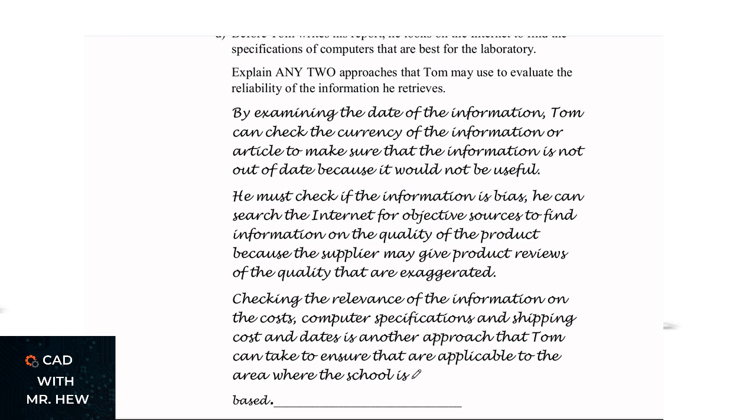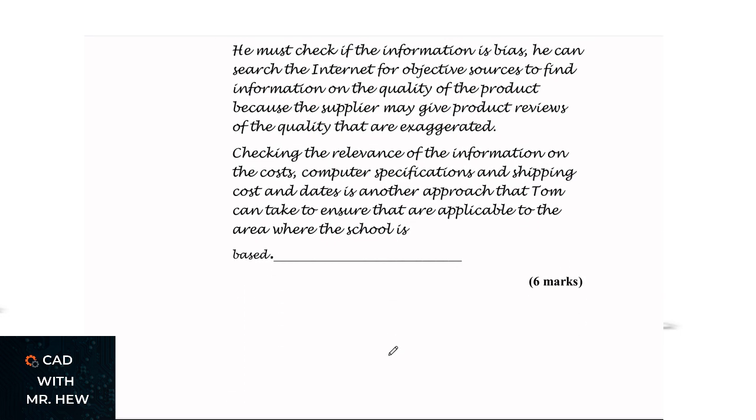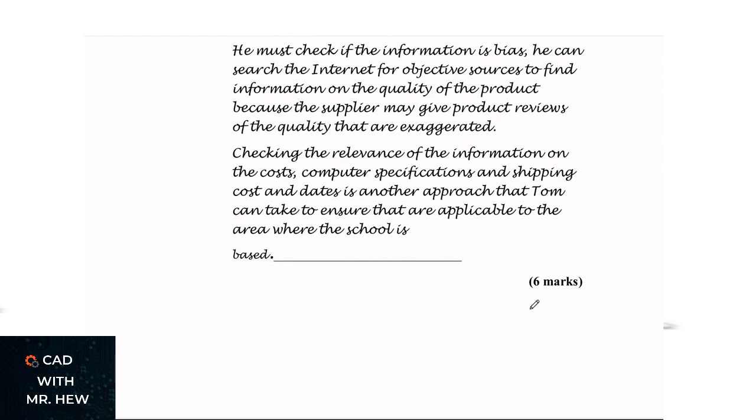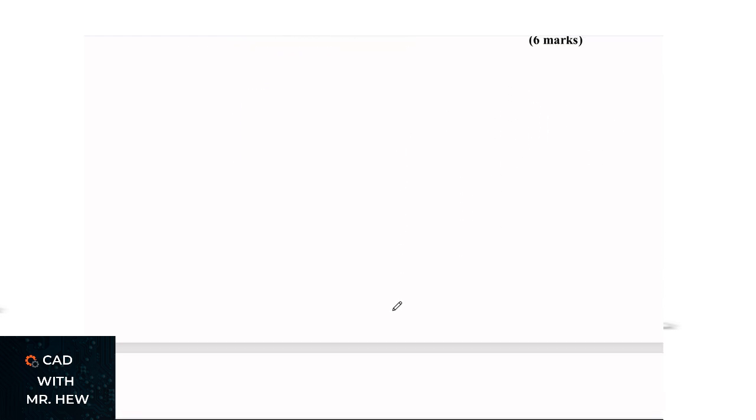So if you are shipping from New York to a school in the Caribbean, the shipping price may outweigh the cost of the actual product. Whereas if you are shipping the product from Miami, it would be a little bit more cost effective. This question is worth 6 marks.